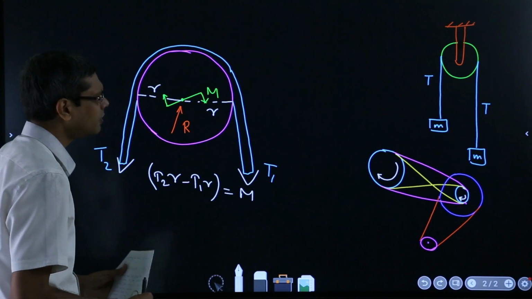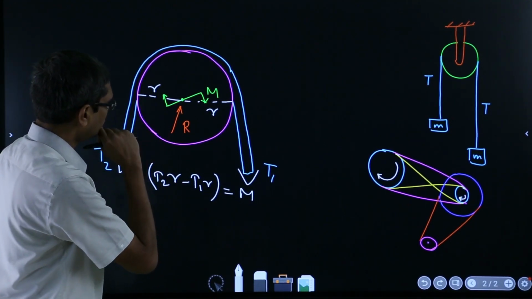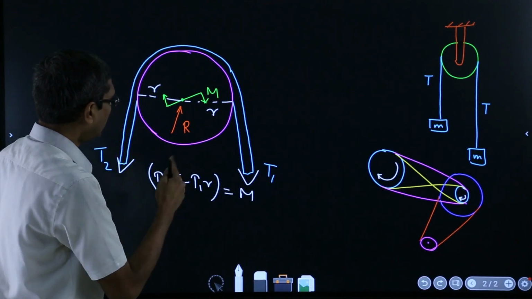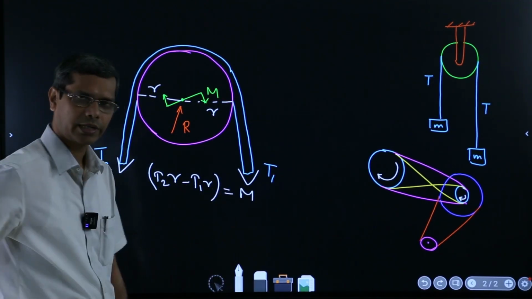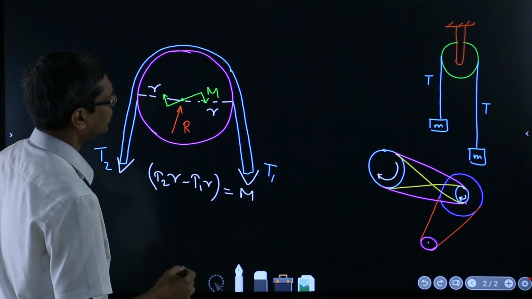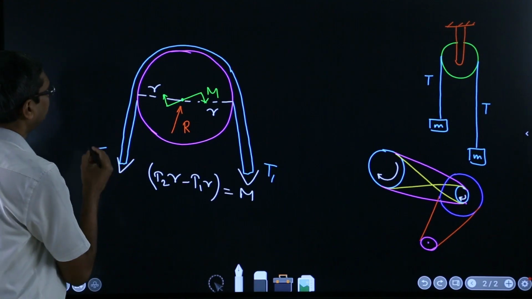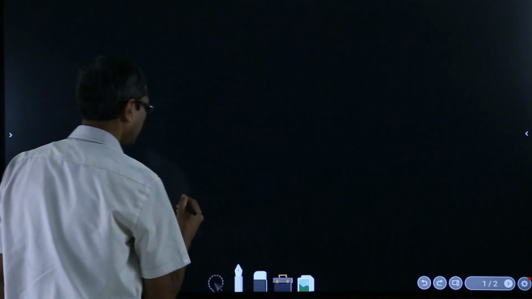And then there is another way to interpret the change in tension by looking at an example. I'll go to the other page and draw there.